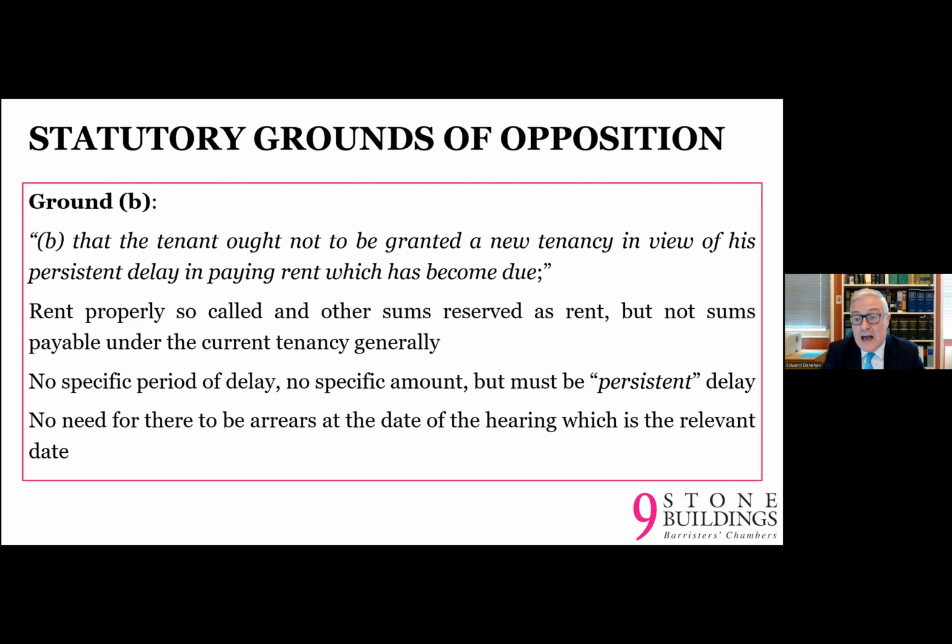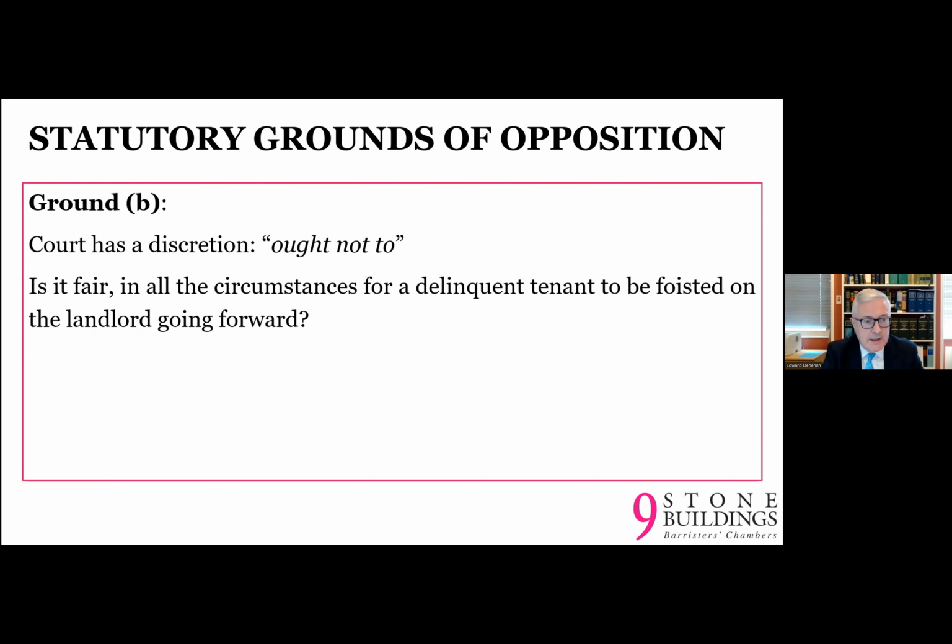So even if the tenant has paid every penny of rent due by the date of the hearing, that doesn't necessarily prevent the landlord from succeeding under ground B. And the question I ask is, is it fair in all the circumstances for the delinquent tenant to be foisted on the landlord going forward? And if the answer to that is no, then the ground will be made out.